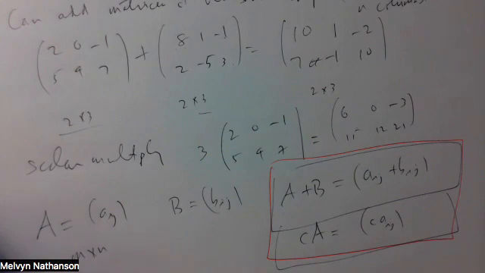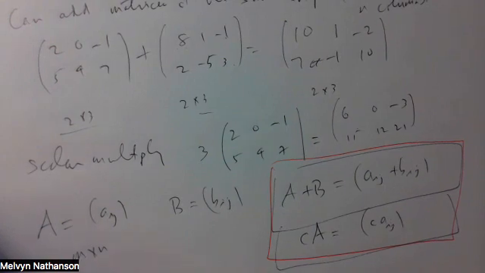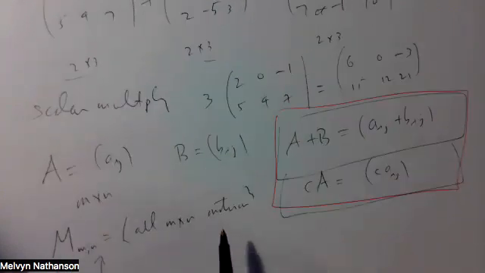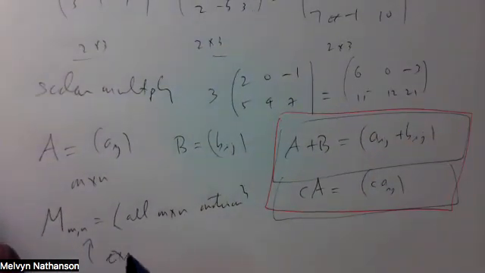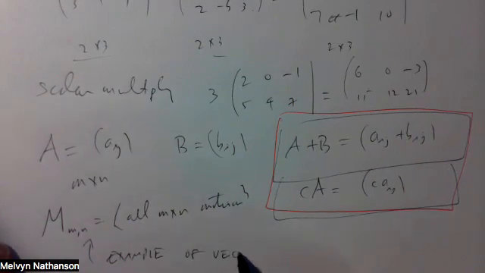So sometimes you might write capital M sub mn is the set of all m by n matrices. And in fact, with these operations, this is another example of a vector space.